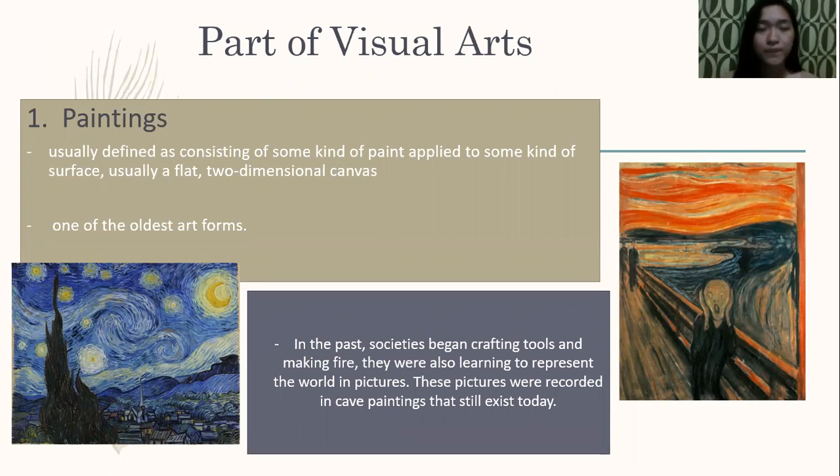First is painting. Painting is usually defined as consisting of some kind of paint applied to some surface, usually a flat two-dimensional canvas. This painting is one of the oldest art forms because during the ancient years, they began crafting tools and making fire, learning to represent the world in pictures through cave painting.